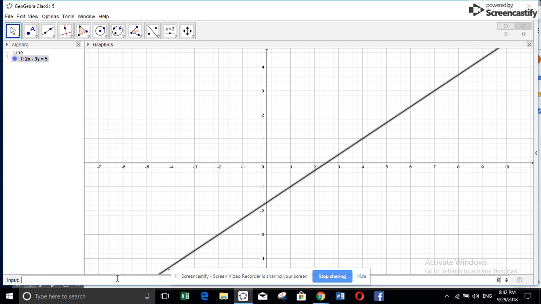And the second line, minus 6x plus 9y equals minus 15. As you can see, these two lines are the same. So f and g are the same line, so I have infinitely many solutions. If you want to put the intersection between the two lines, we have a question mark. It means we have infinitely many.